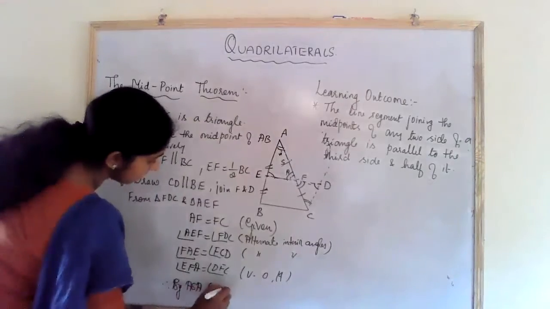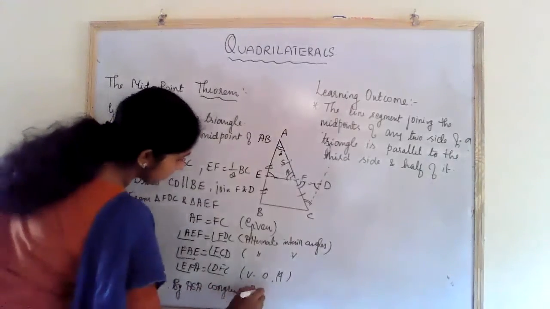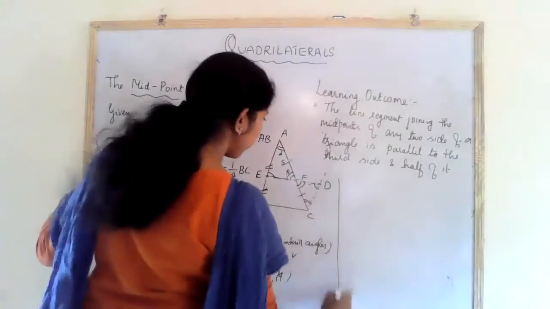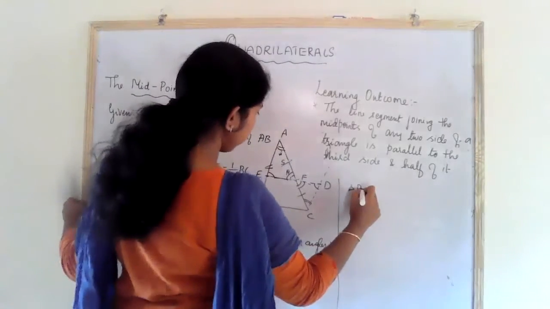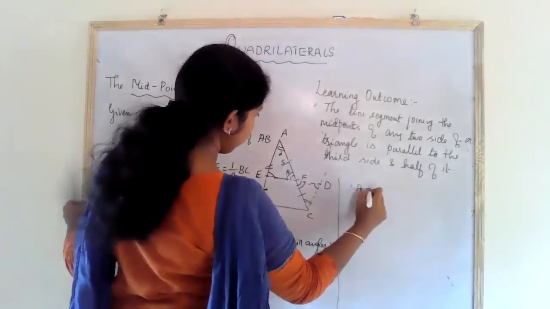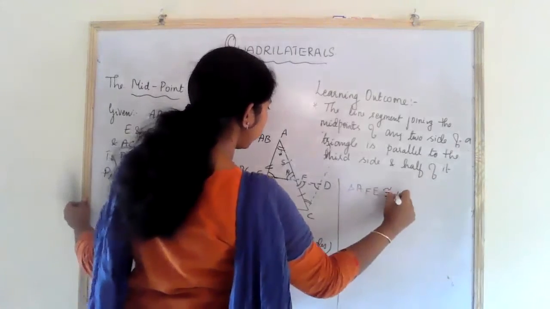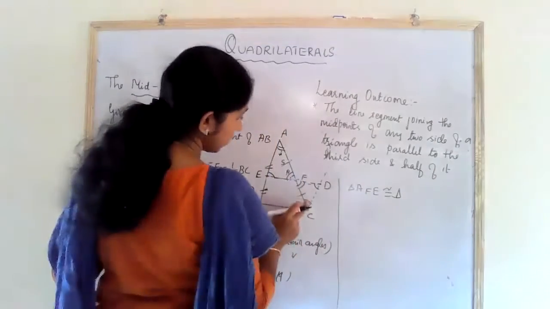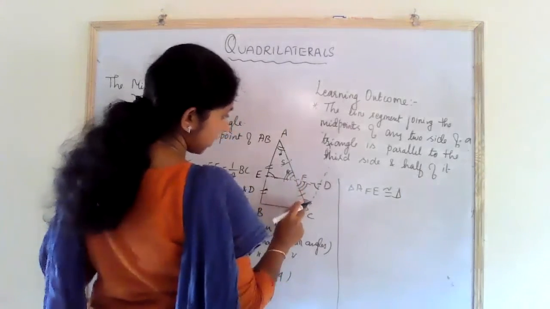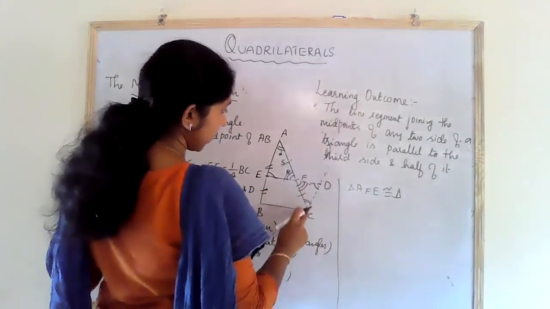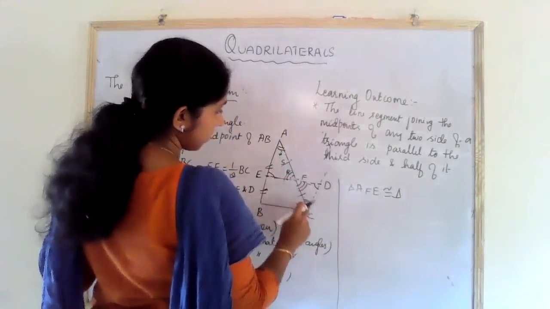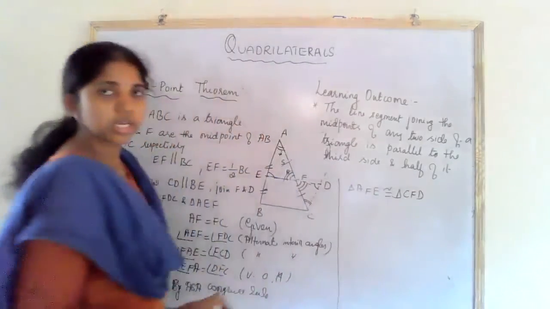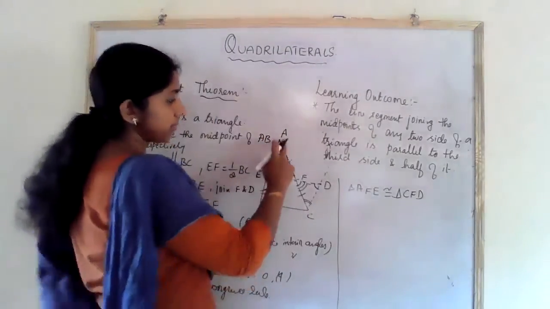we can say that triangle AFE is congruent to triangle CFD. So we got the triangles as congruent.